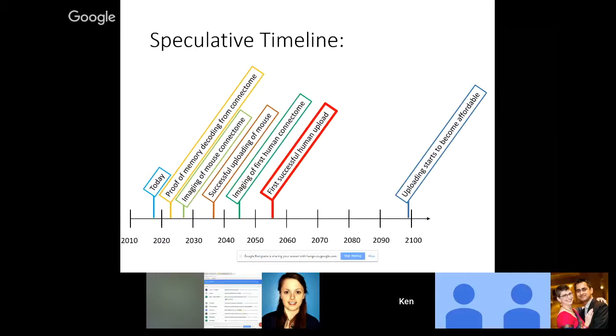And then imaging the first human connectome, I would put that at about 30 years if I had to speculate, because it is just such a monumental task. Now, I see these as the major technical milestones leading to the first successful human upload. But there are a ton of neuroscience ones that I would love to go into detail on, but I can't in this talk.